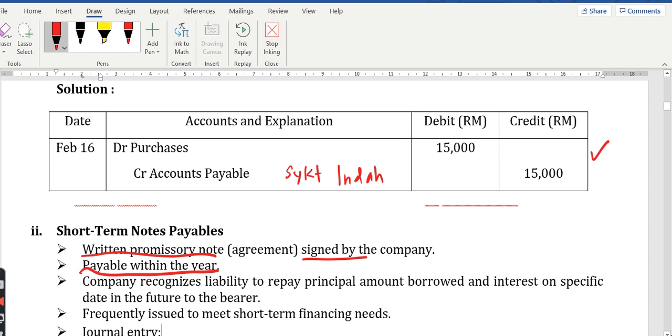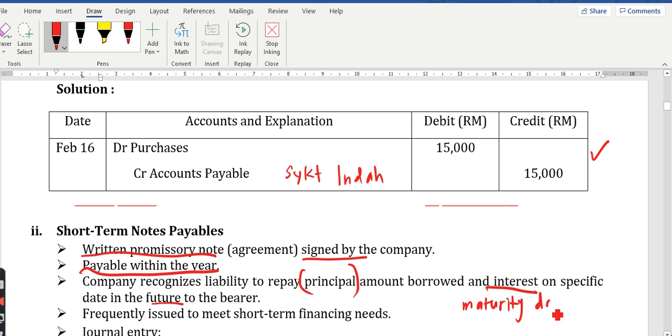The company recognizes a liability to repay the principal, the amount borrowed, and interest on a specific date in the future to the bearer. So you need to determine how much principal you need to pay together with the interest on the future date, and that future date is called the maturity date.